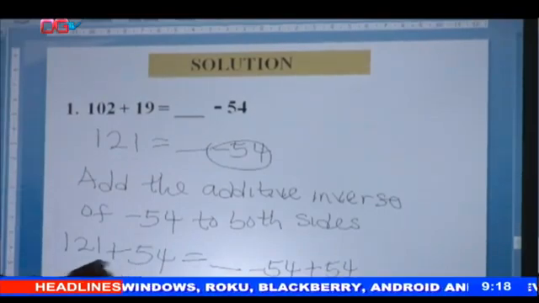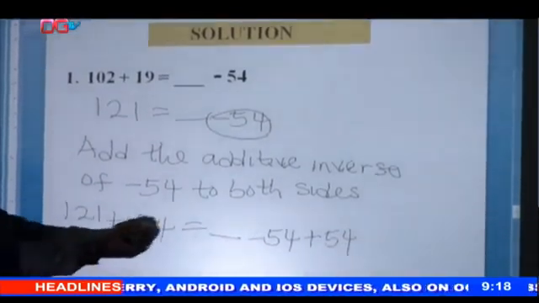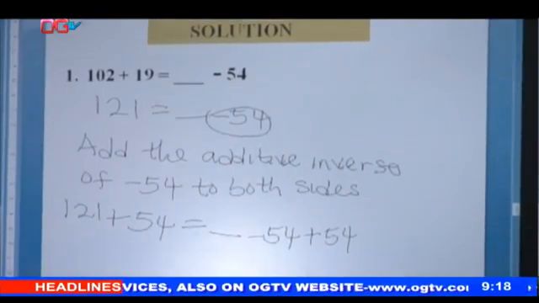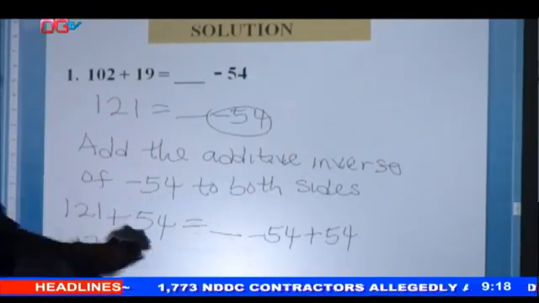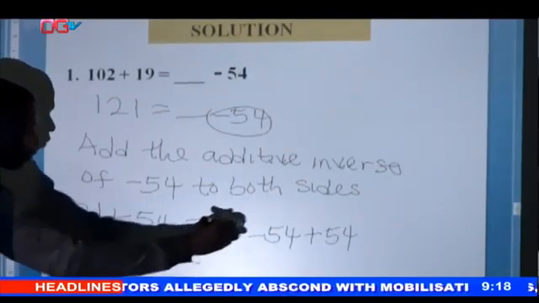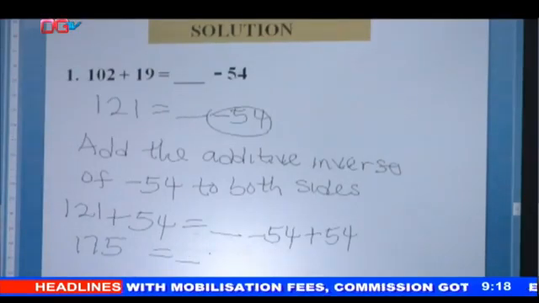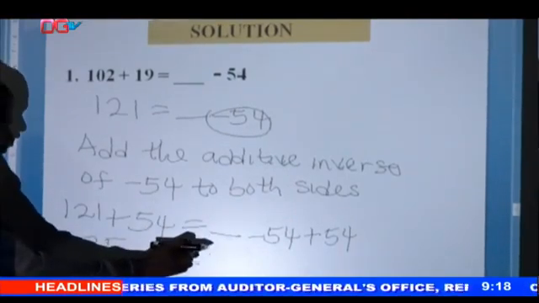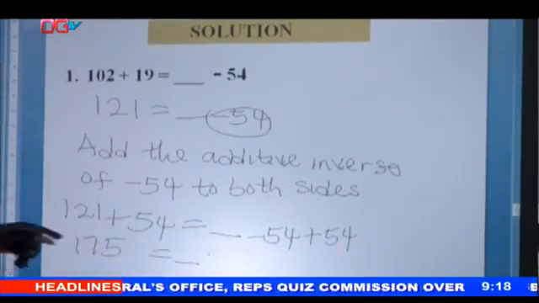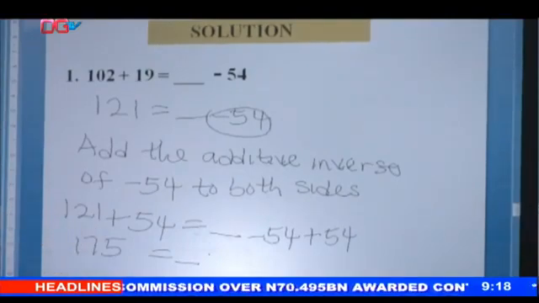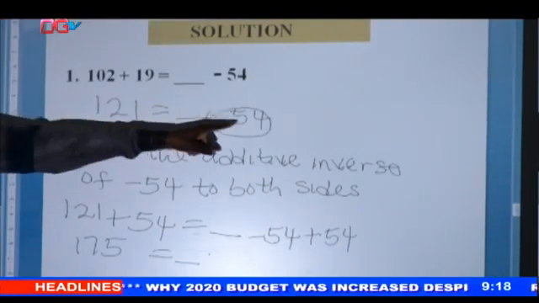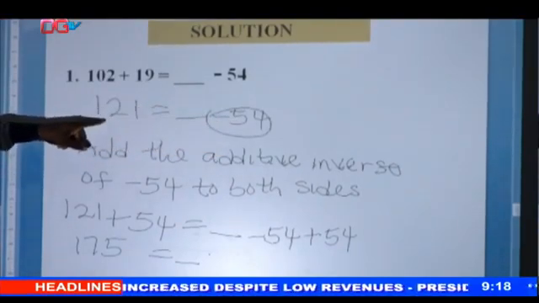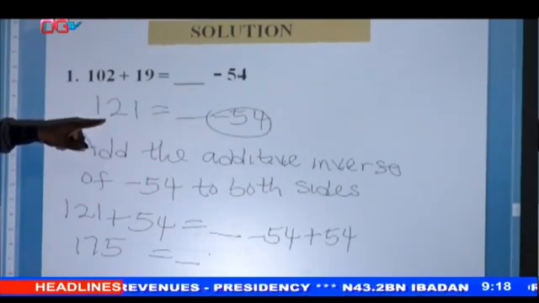So 121 plus 54 will give us 175 equals dash minus 54 plus 54 will give us 0. So it means what is missing here is 175. Simply means if we place 175 here and we remove 54 from it, it will give us 121. Let's check.